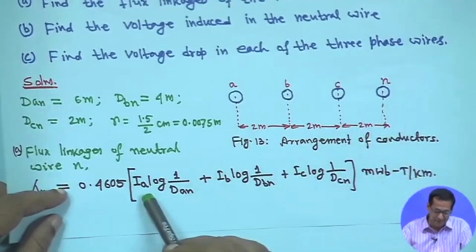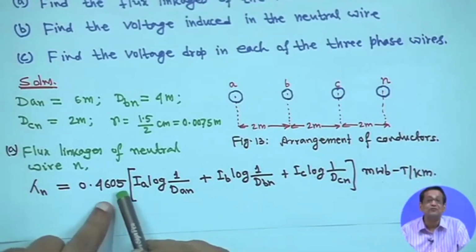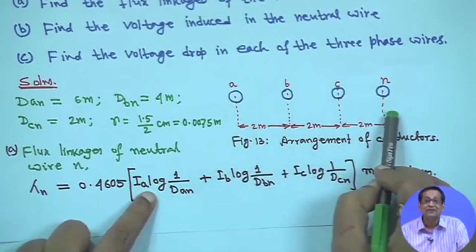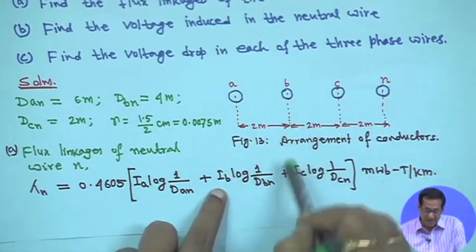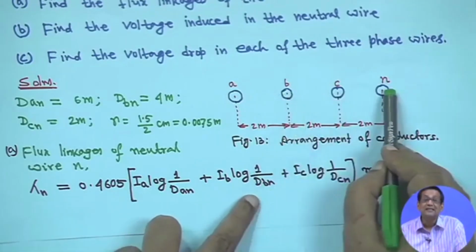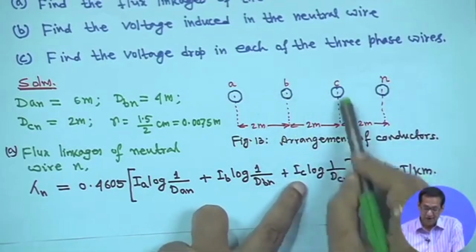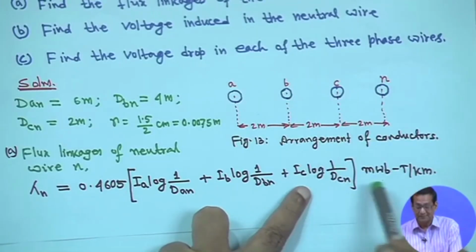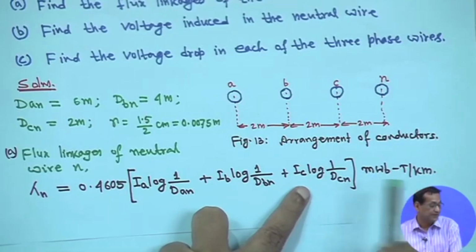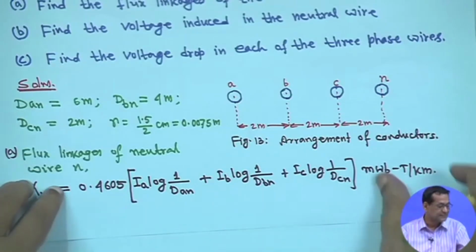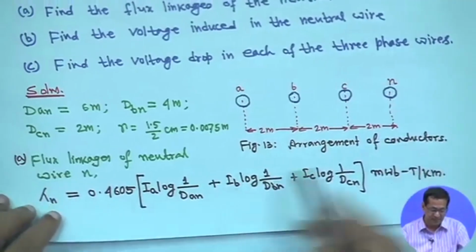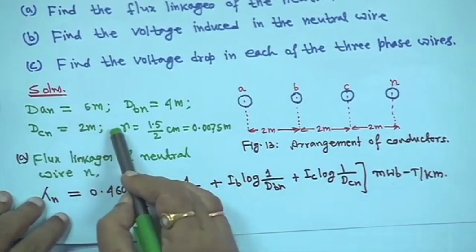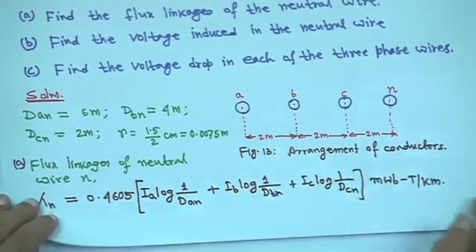Lambda N is equal to 0.4605 times IA log 1 upon DAN, plus IB log 1 upon DBN, plus IC log 1 upon DCN, milliweber turns per kilometer. Now in this expression you substitute DAN, DBN and DCN, which have all been given.